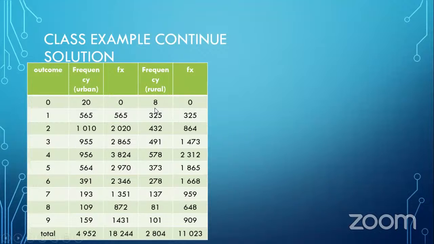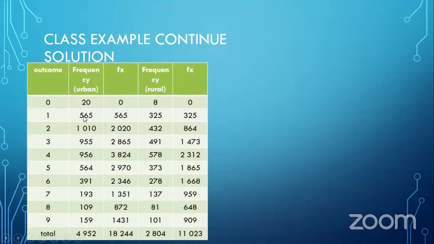The same here for rural, we did the same thing. The frequency 432 times 2, 491 times 3, we get this. Then this is their total. On this data, we just got the number of people in the households when we multiplied.